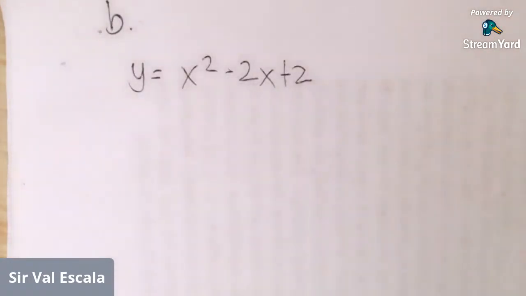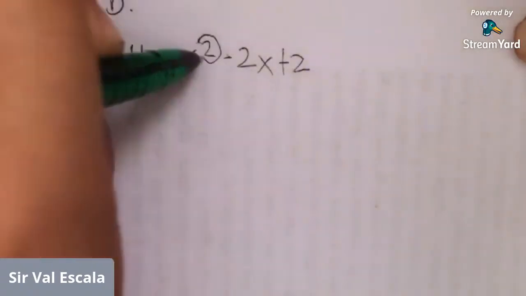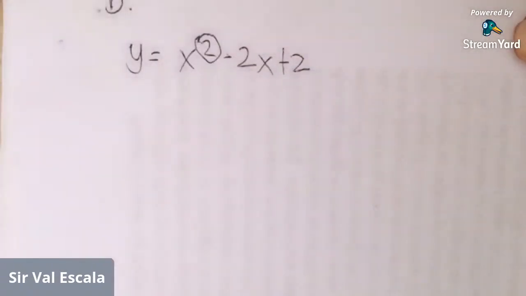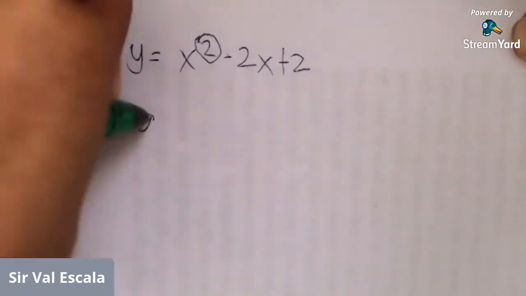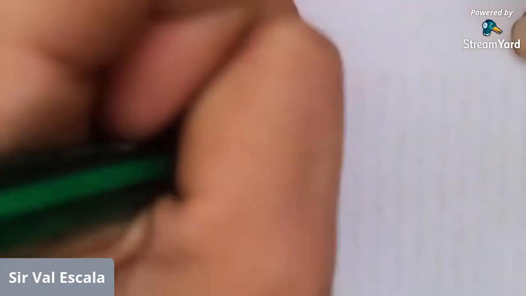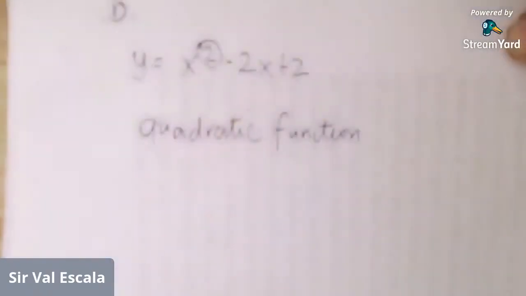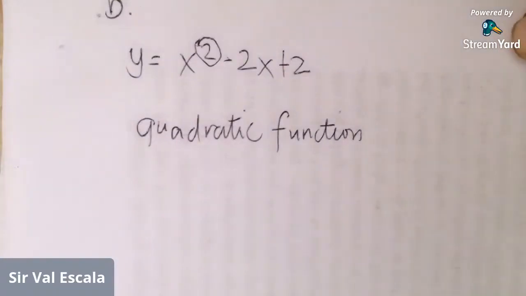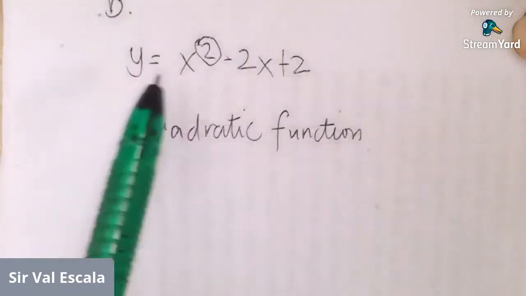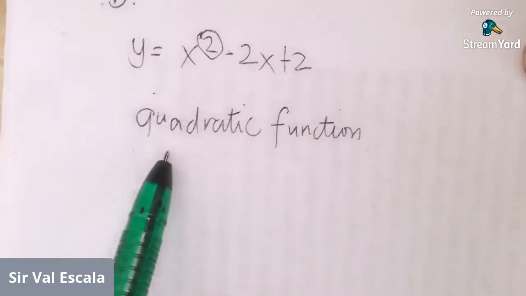So, ano yung pinaka-highest na exponent sa ating input which is si x? Ang highest natin ay 2. So, kung mapapansin natin pag ganyan, ang tawag sa kanya ay quadratic function. Okay? Dito pa lang, malalaman na natin, it is a function kasi type siya ng function.